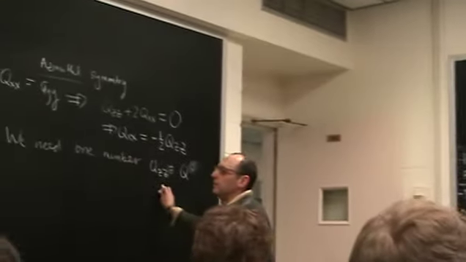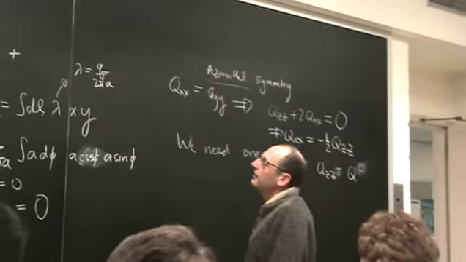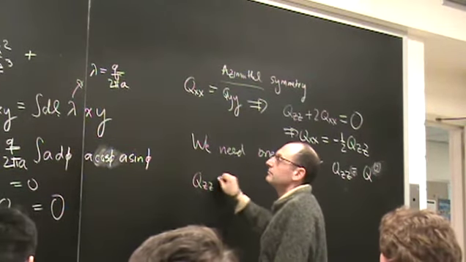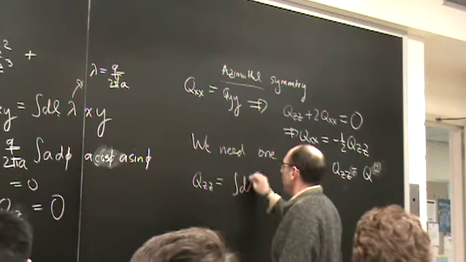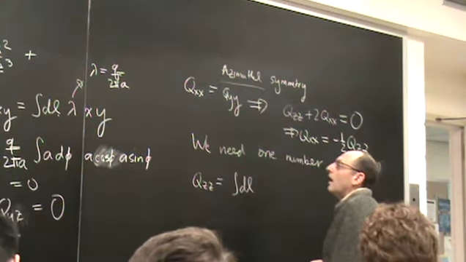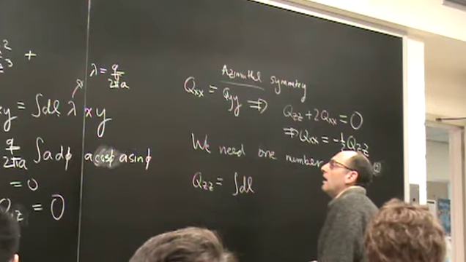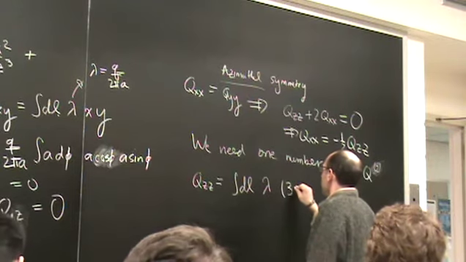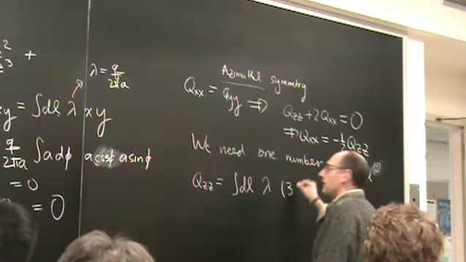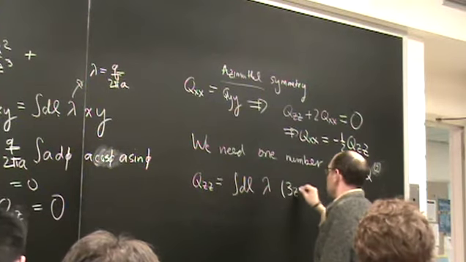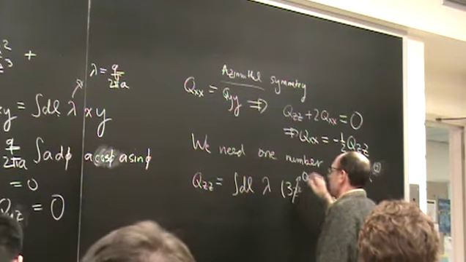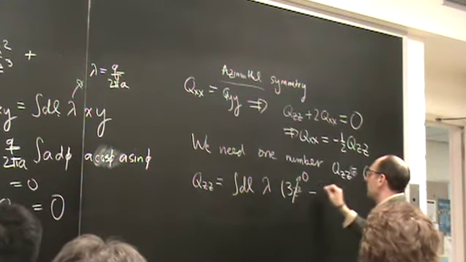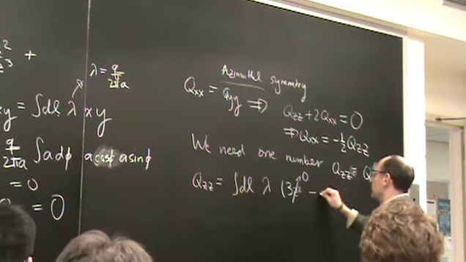So what is that one number in this case? That's equal to the integral around the line of the charge density times 3 times the z component of this thing, which is 0 in this case, because, as Lewis pointed out, this is at the z equals 0 plane, minus the distance to the origin squared.